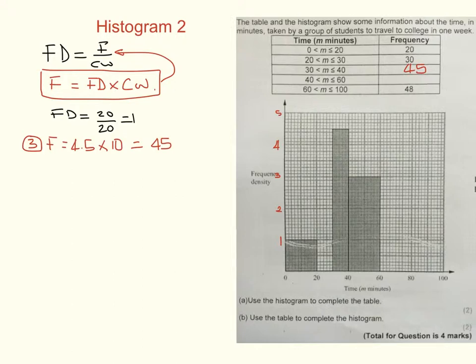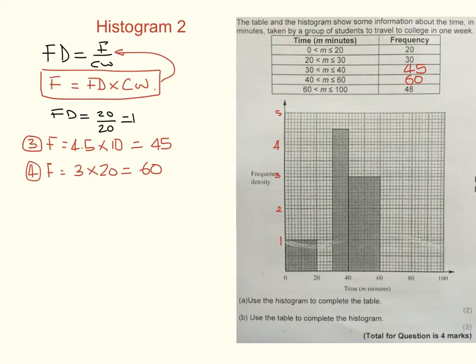So I will now call this bar number 4 and say that the frequency of this bar is equal to the frequency density of 3 multiplied by a class width of 20. Just double check. So that's going to give me 60. It means that there are 60 students who came to school between 40 and 60 minutes.